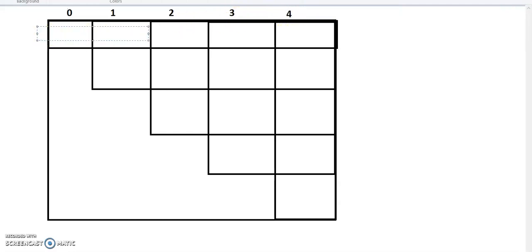Rows: 0, 1, 2, 3, and the final one is 4.